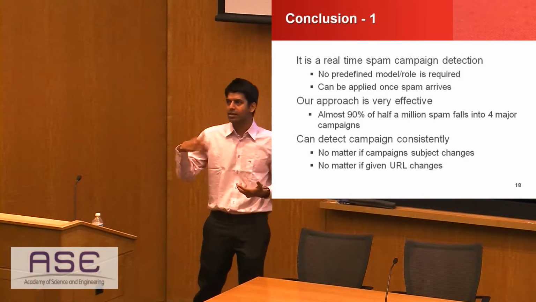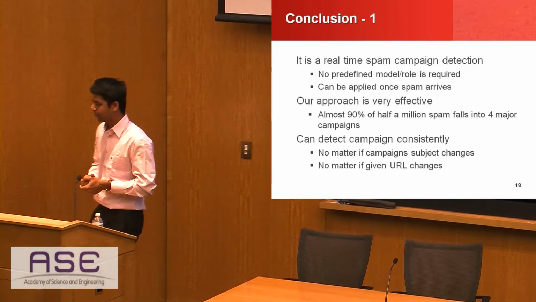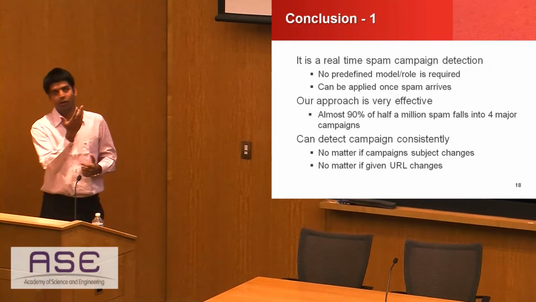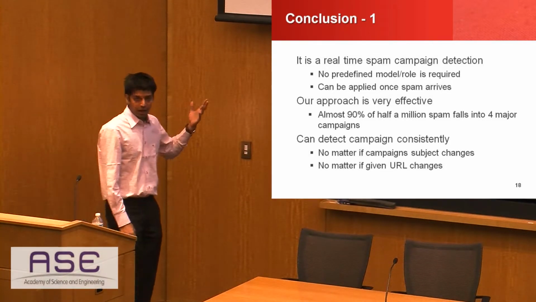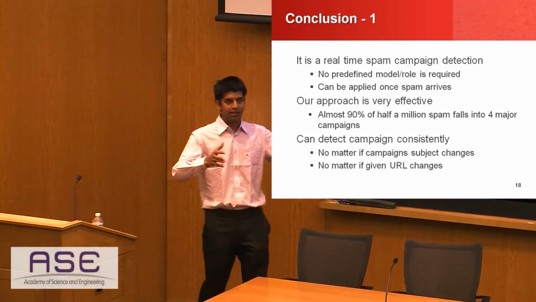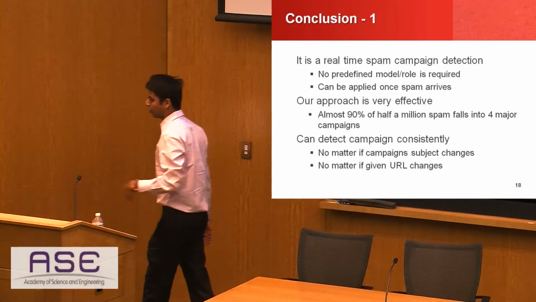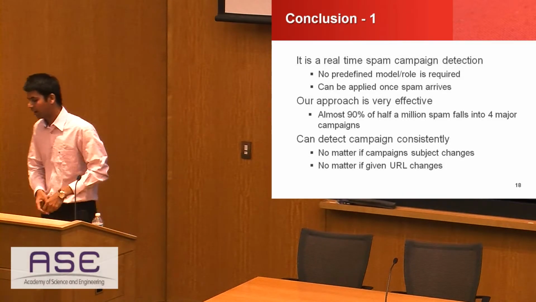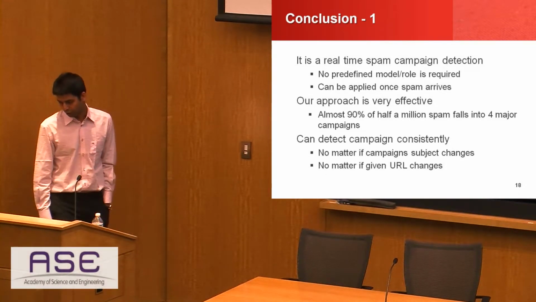On the fly, it can detect the redirected URL, match the subject and find the campaigns. Similarly, I have already showed you our claim that almost 90% of the spam emails from the given data set point to 4 major campaigns. So we would say this is a huge improvement or gain of our algorithm.